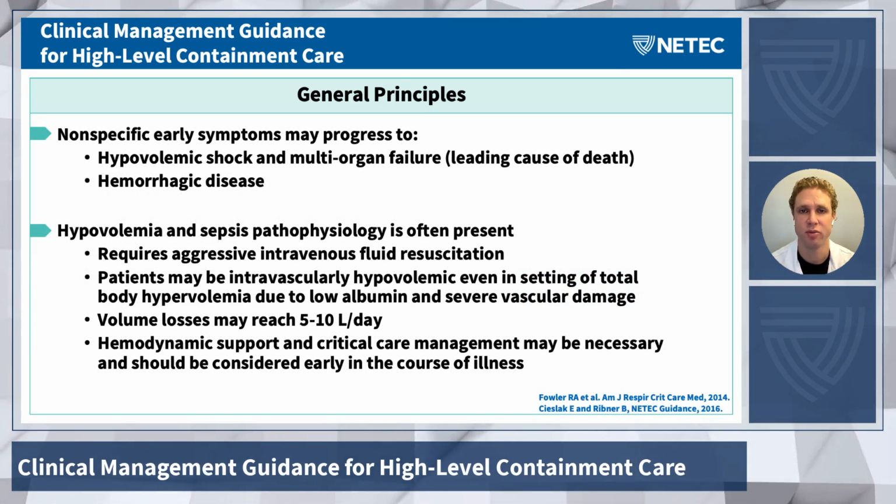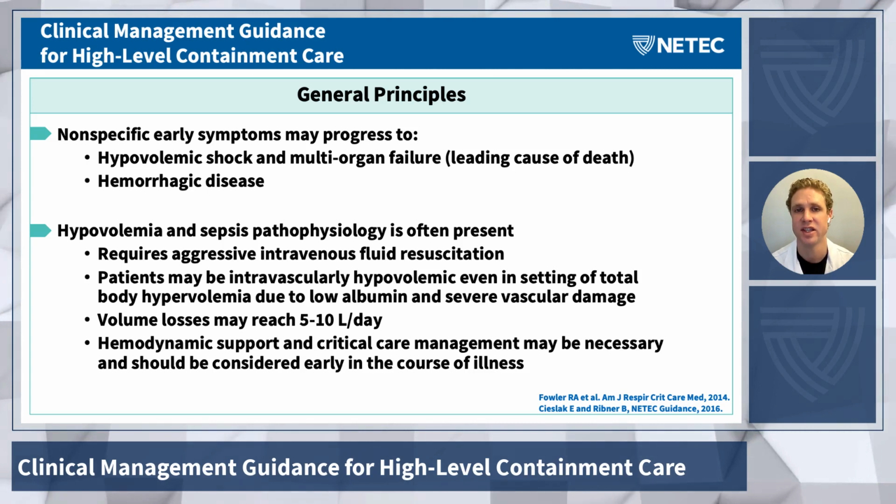Now, patients progressing through the various stages of Ebola virus disease, as I mentioned, have nonspecific early symptoms, but these may rapidly progress to multi-organ failure, hypovolemic shock, and hemorrhagic manifestations. And it is these that are truly the leading cause of death in patients. We want to make sure we follow our guidance in terms of intravenous fluid resuscitation.